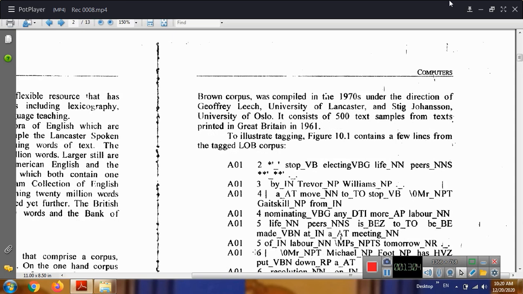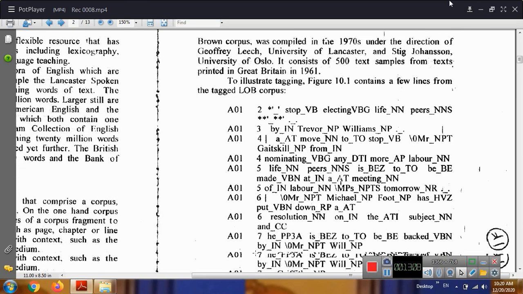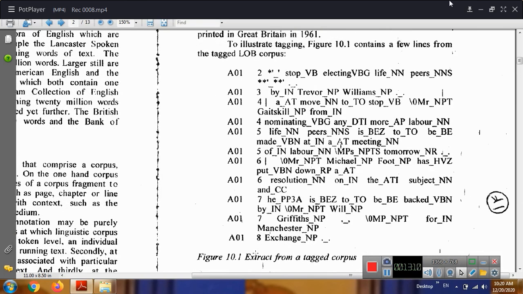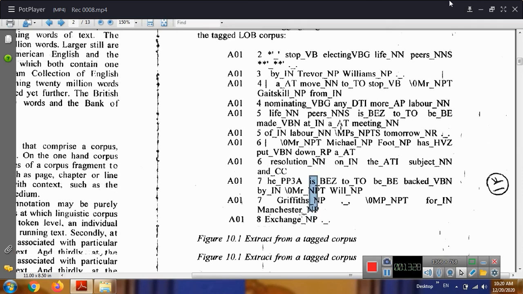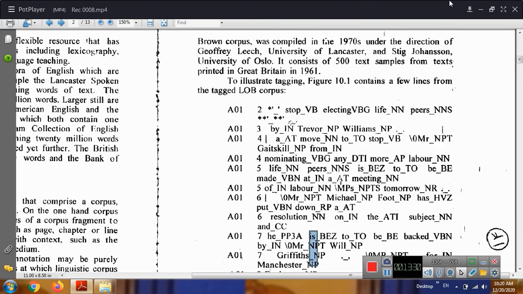To illustrate tagging, figure 10.1 contains a few lines from the tagged LOB corpus. Here we can see the tags at the token level. Tagged corpora are the corpora annotated at the token level. Here you can see an example, an extract from a tagged corpus.